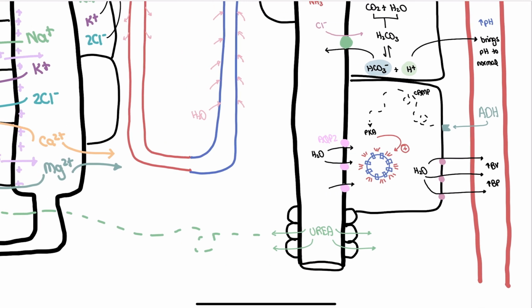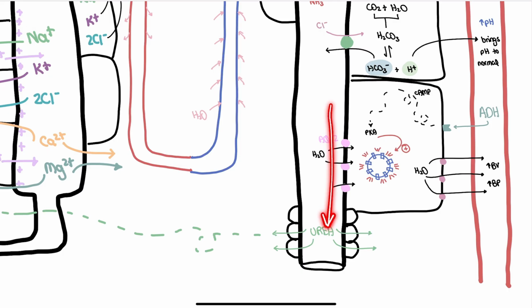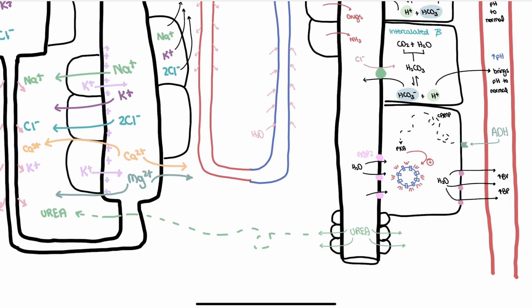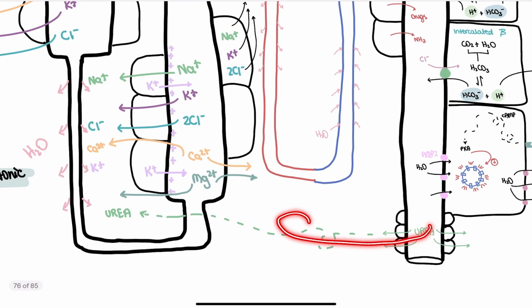Now, at the end of the collecting duct, everything that we didn't need gets excreted as urine, but there are some parts of urea that we still want to keep. The body is still like, we still need that. And so this urea moves down into this part here, just in the lumen.